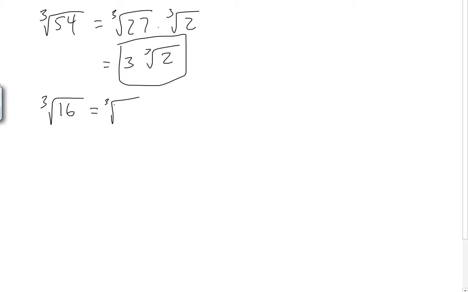I could separate this to be the cube root of 8 times the cube root of 2. Again, all I'm thinking of here is what's the biggest perfect cube, because I have index 3, that goes into 16. Well, the cube root of 8 is 2, and then the cube root of 2 I can't do anything with, so I just leave it simplified.